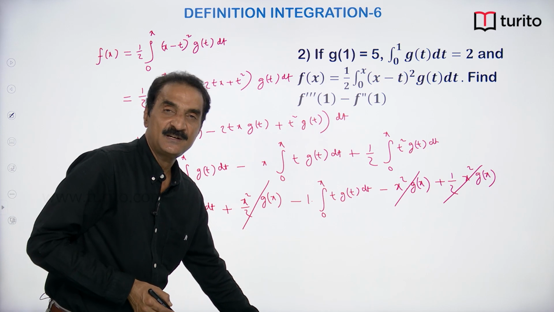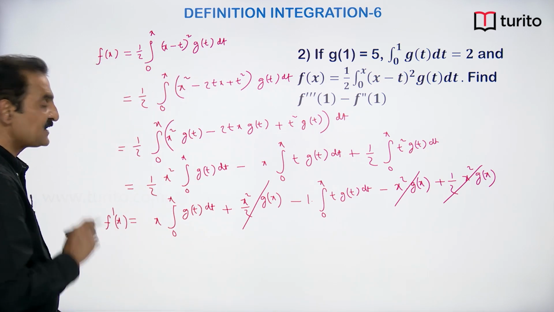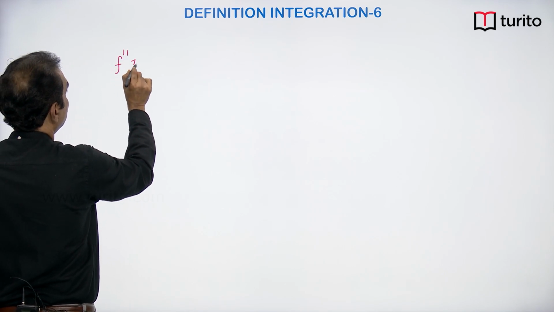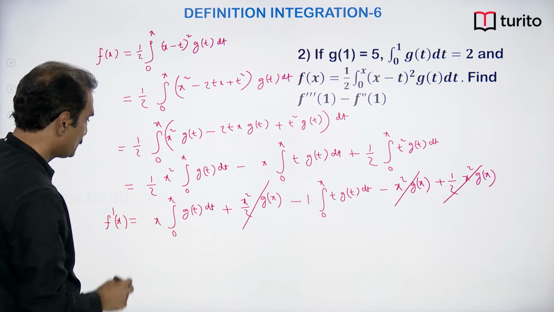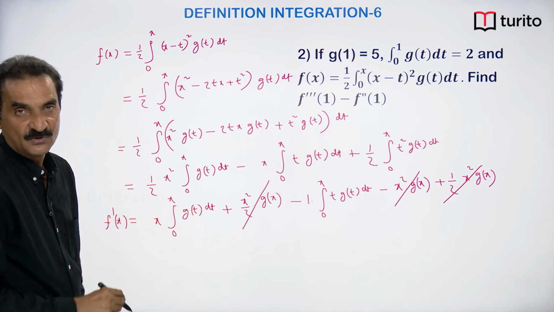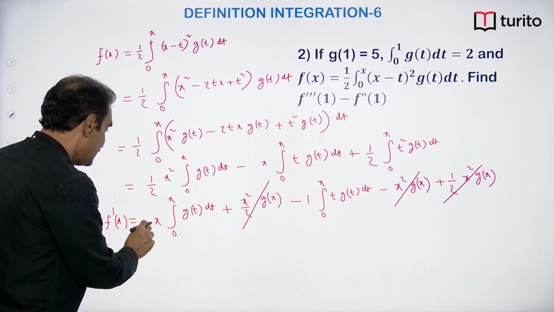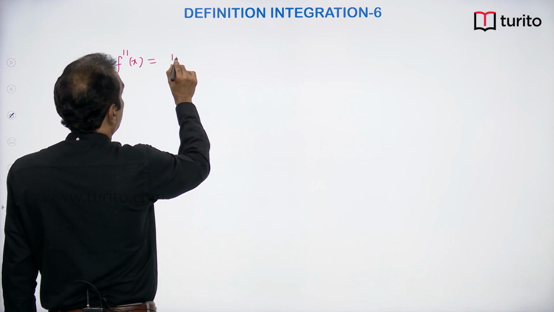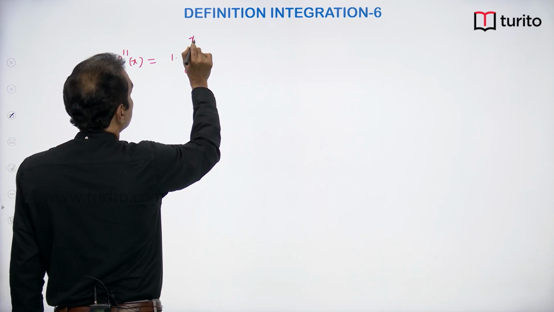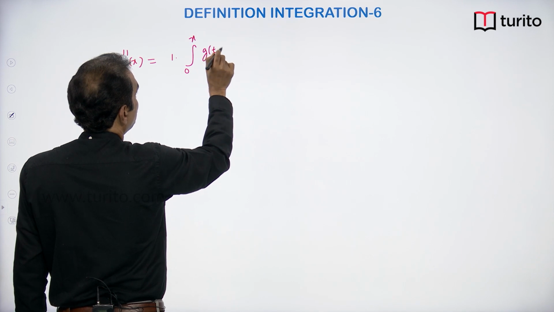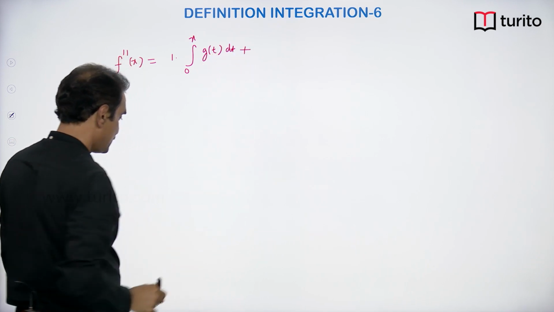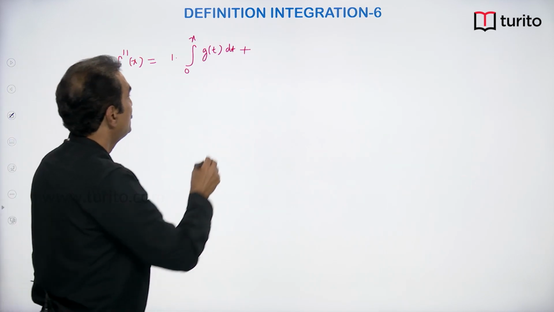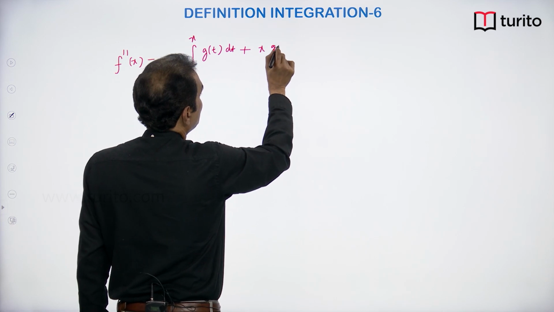Now let us differentiate once again. f dash x becomes f double dash x is equal to, this is a product. So differentiate using the uv rule. Derivative of x is 1, into integral 0 to x of g of t dt, plus x into derivative of this integral, g of x.